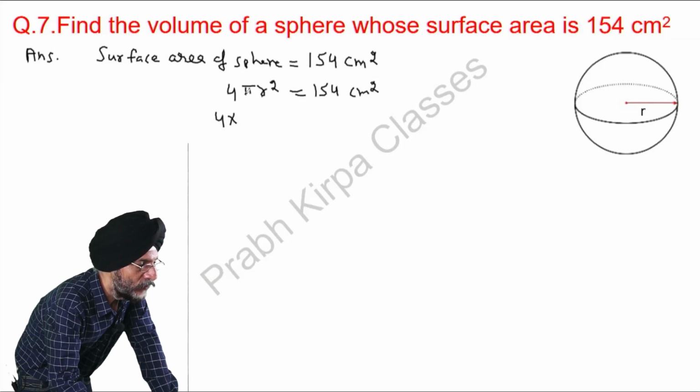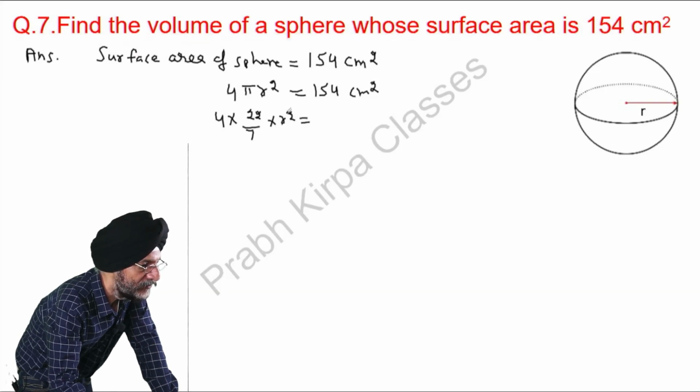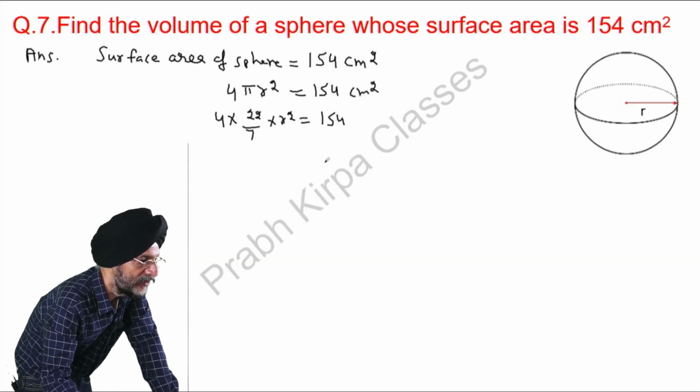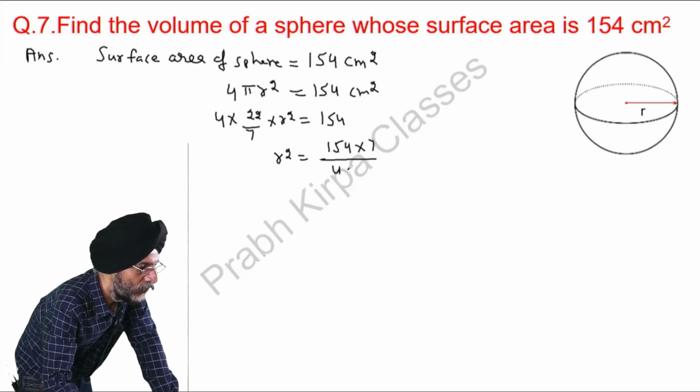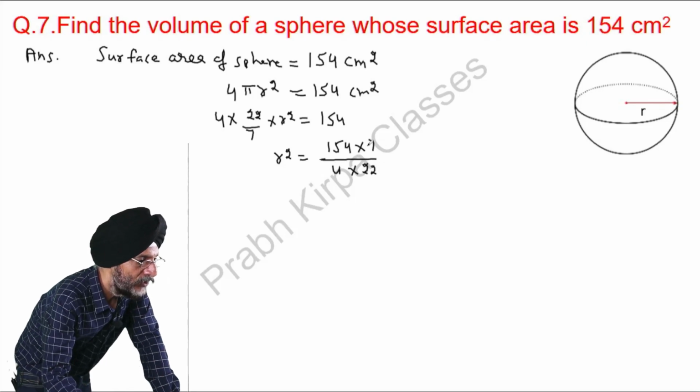Pi is a mathematical constant. It stands for 22 over 7. r square, r is the radius, which is not known to us. So now what is r square? It will come as 154 into 7 over 4 into 22.